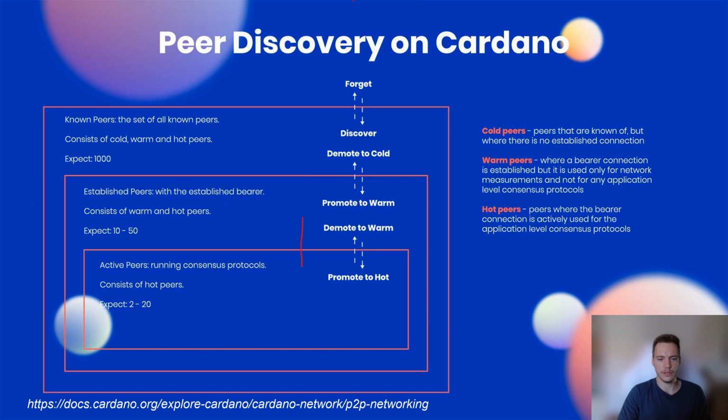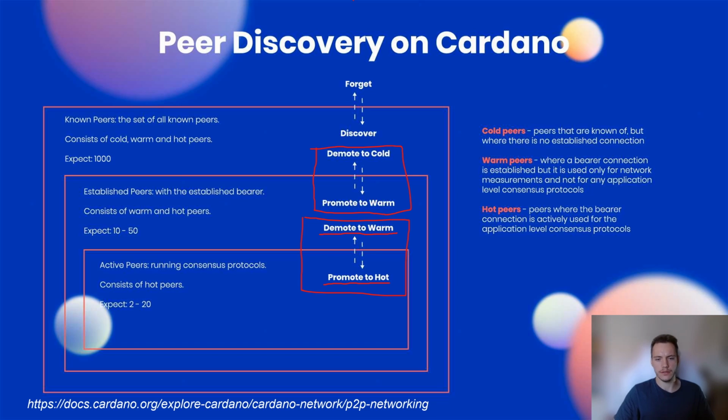Now we're going to look at the section of transitions between the established peers and the active peers groups. Those include promoting warm peers to hot peers and demoting hot peers to warm peers. These promotions and demotions work very similarly to the ones we just described earlier, but here the 20% of hot peers that get demoted are not randomly selected.